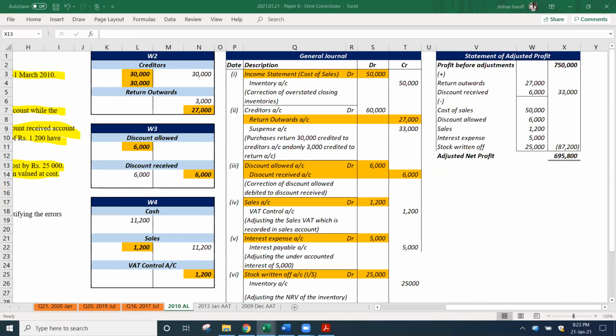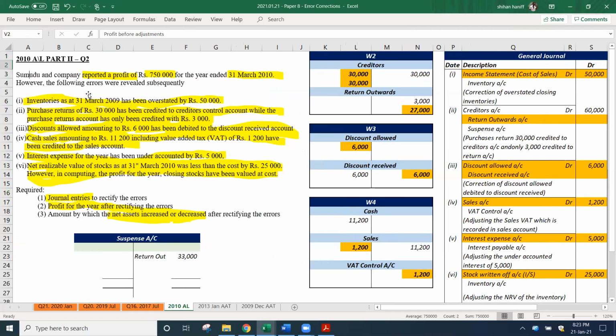There's a question, what is the statement of adjusted profit? Statement of adjusted profit means the profit was given before the error corrections. The profit was given, reported a profit of 750. So this was the profit calculated before correcting the errors.